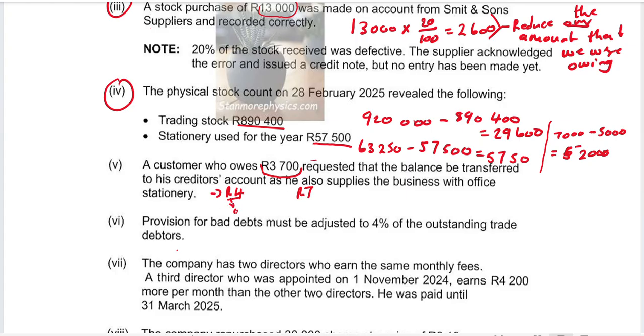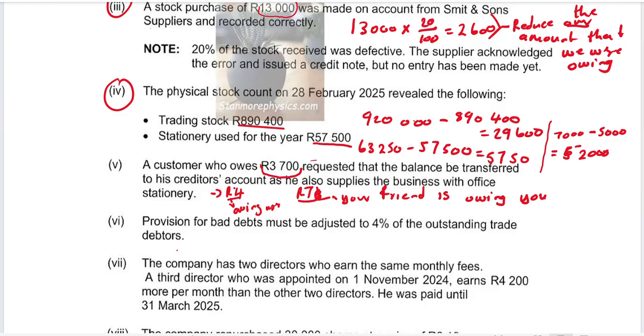Okay, this one you are owing your friend, and this 7 rand your friend is owing you. I just want you to understand. Here you are owing your friend 4 rand. Your friend is owing you 7 rand.